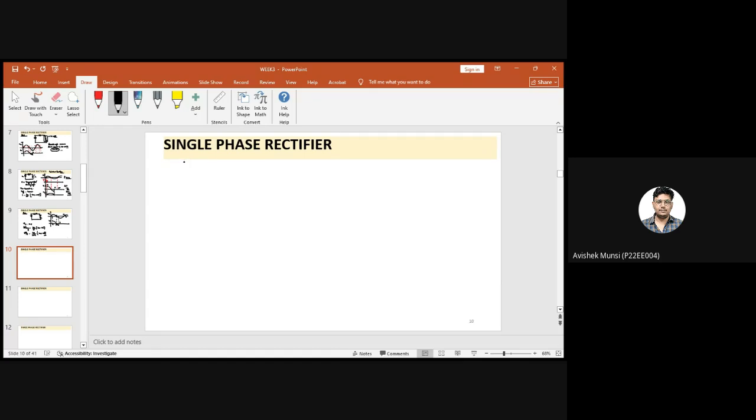Now what will be the case if we have an RL load plus a freewheeling diode?